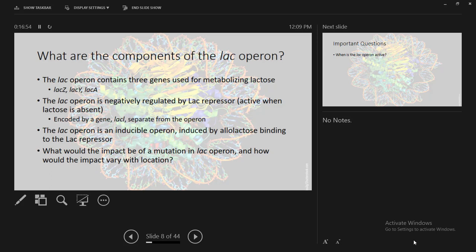All right. So if you had a mutation in this lac operon, how would it change the expression? Let's play in hypotheticals. Let's say you had a mutation in the lacZ gene, and it was a missense mutation. Okay? So you're like, missense mutation, I know what that means. It means I switch one amino acid out for another, and then the effect of that on that protein is going to be determined by what?